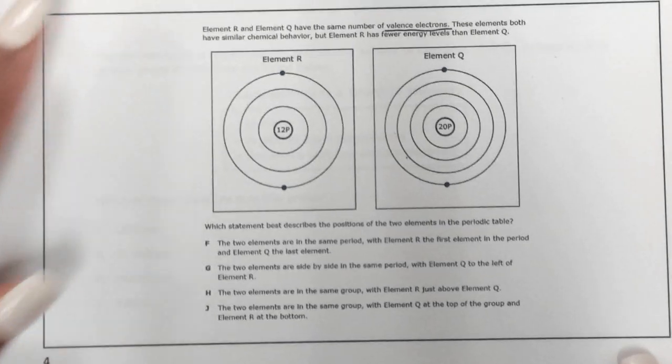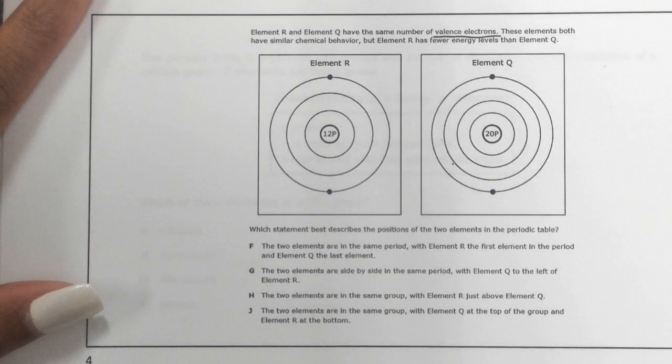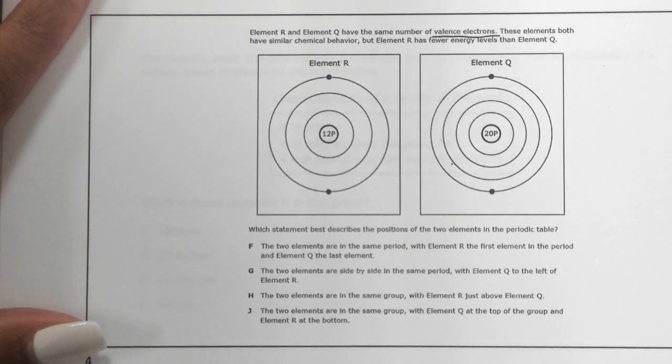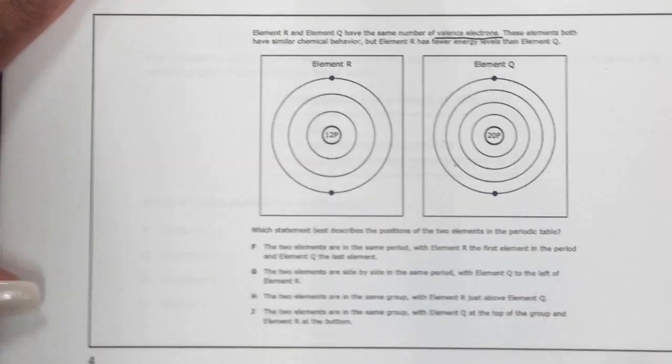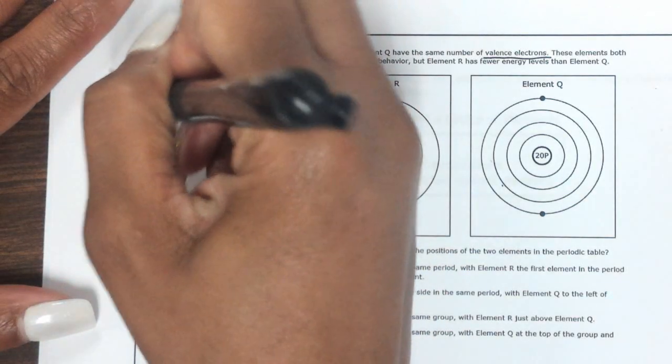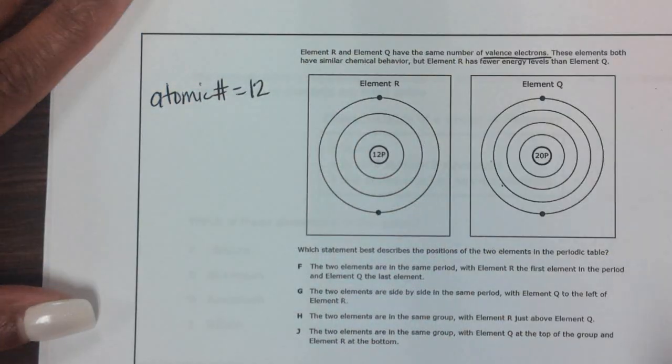Well, before I start, let's just see everything that I can identify about this element without using my periodic table. So this element I can see has 12 protons, which tells me that the atomic number, and we learned that the first week of school, is 12.